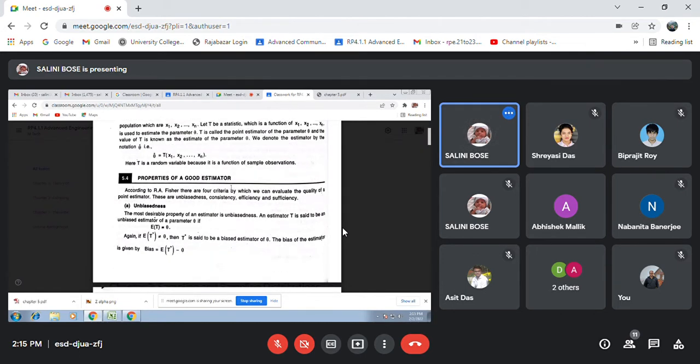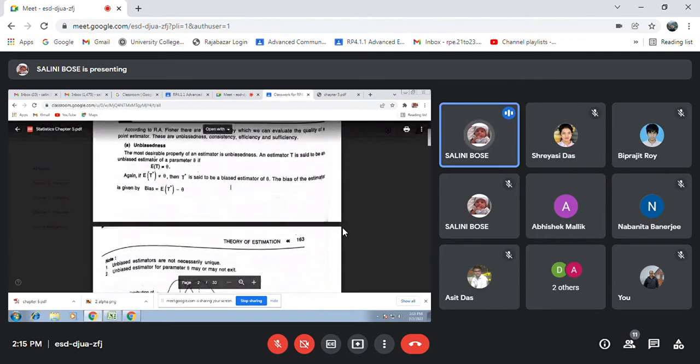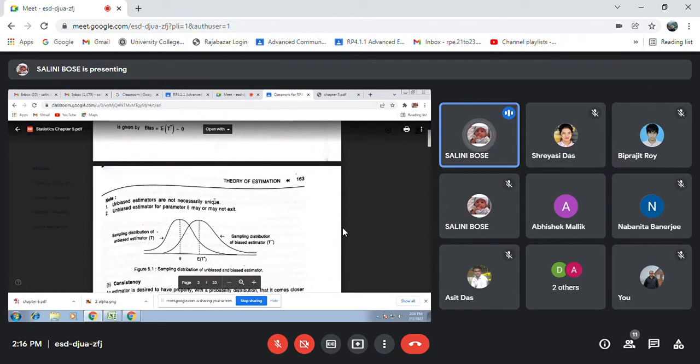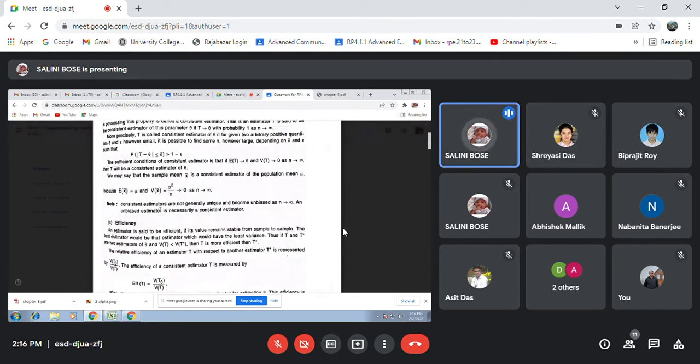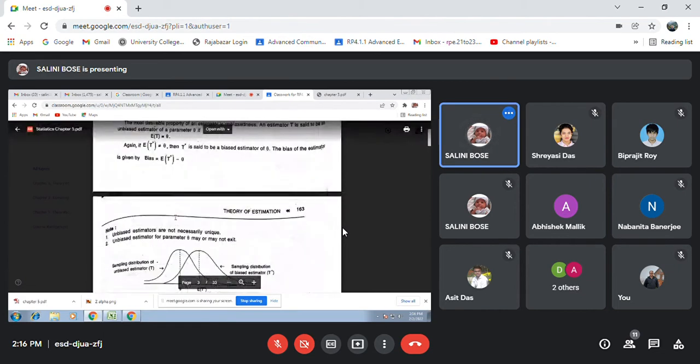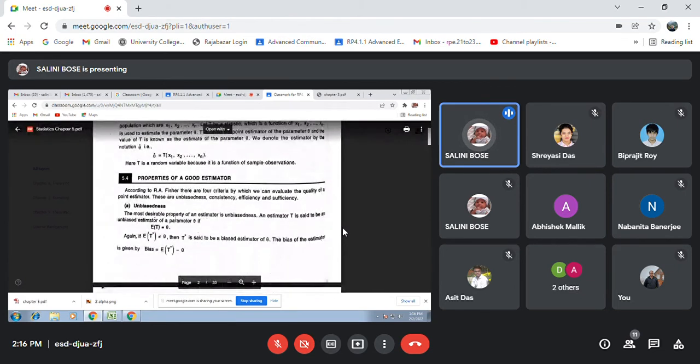There are some properties of a good estimator. A good estimator must be unbiased, consistent, efficient, and sufficient. These are the four properties of a good estimator. The first property is unbiasedness. You already know what bias is.